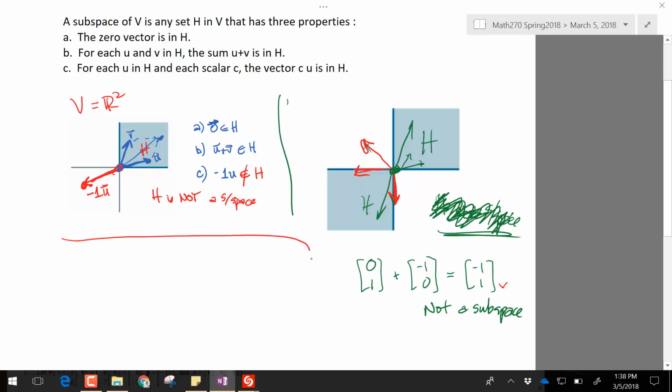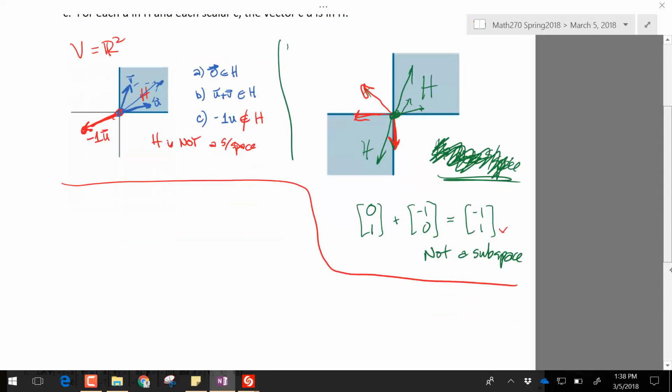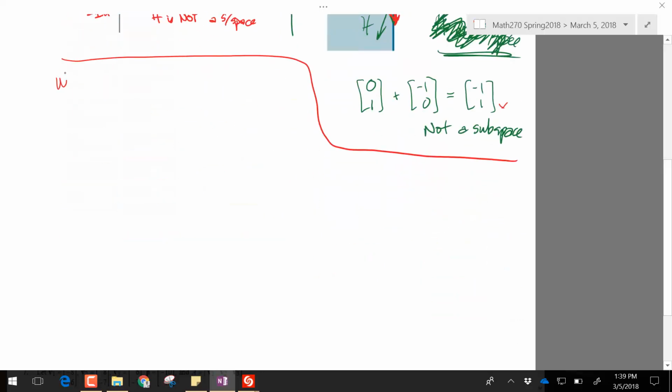Well, let's see. What are the possible subspaces? All right.